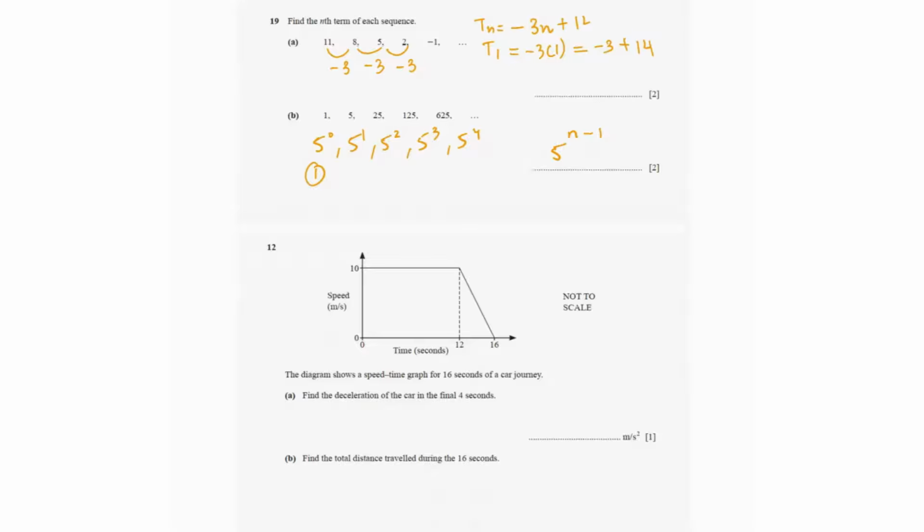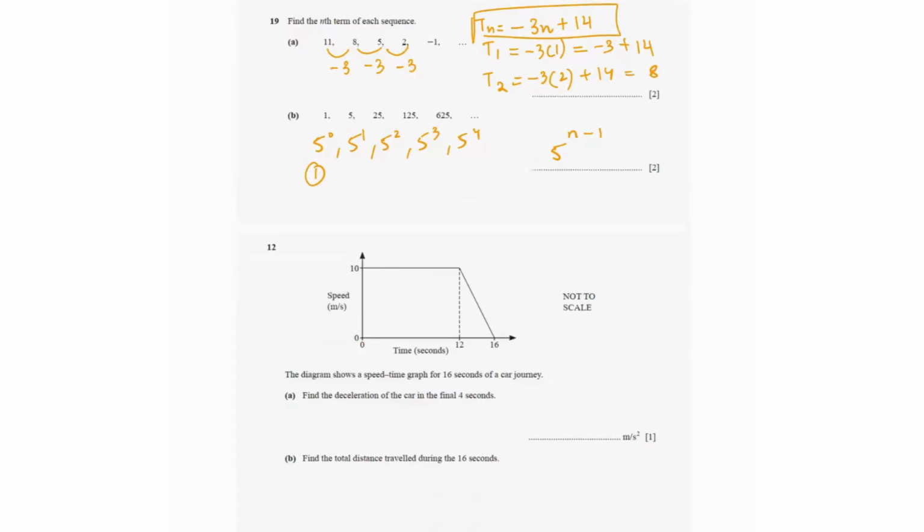So if we use negative 3n plus 14 as the nth term, the second term is going to be negative 3 times 2 plus 14. That's negative 6 plus 14, and that is 8, which means your nth term is negative 3n plus 14. So for these type of questions, try to see if there's a common difference.